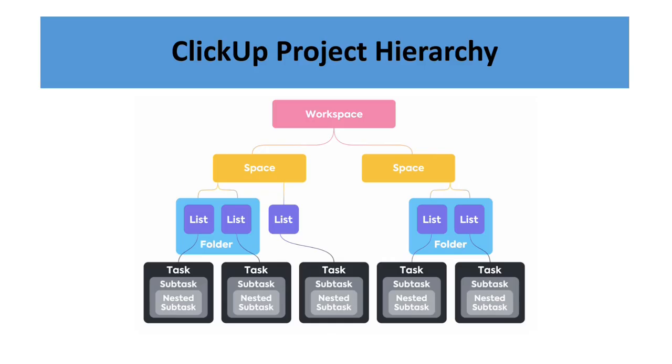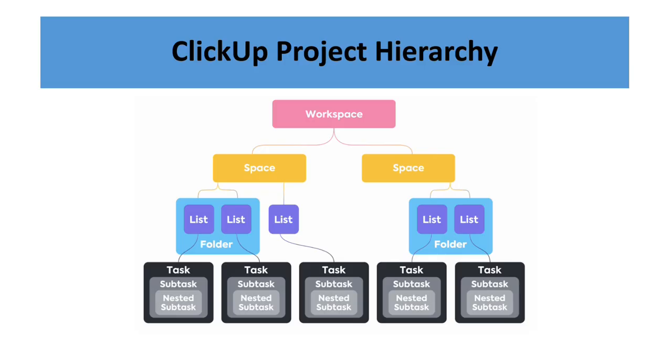The most important rule is that tasks must always live inside a list. There are no loose tasks at the space level. Lists can either be placed inside folders or directly inside spaces. So this depends on your setup. In simple terms, lists provide the structure for organizing tasks.